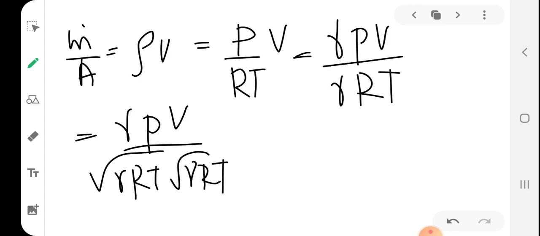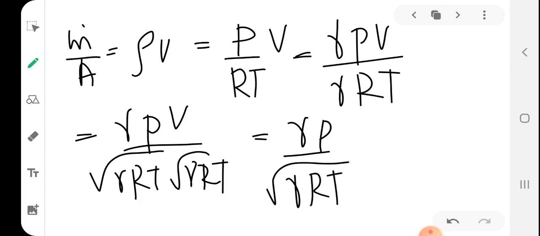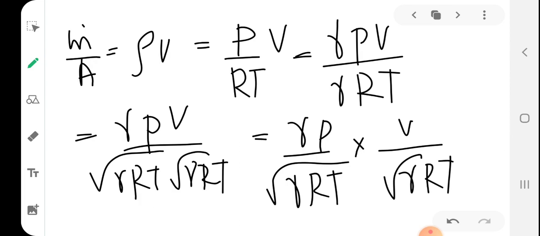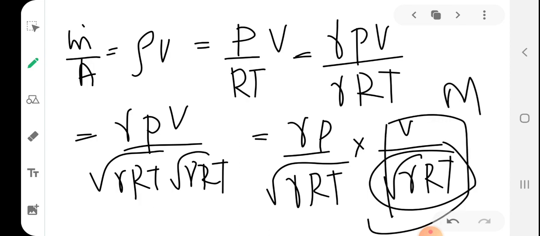So root into root is gamma RT. So gamma P by (gamma root gamma RT) into V by root gamma RT. What is root of gamma RT? Not area, sorry, acoustic velocity, right? So this is V by A, and V by A is nothing but Mach number.